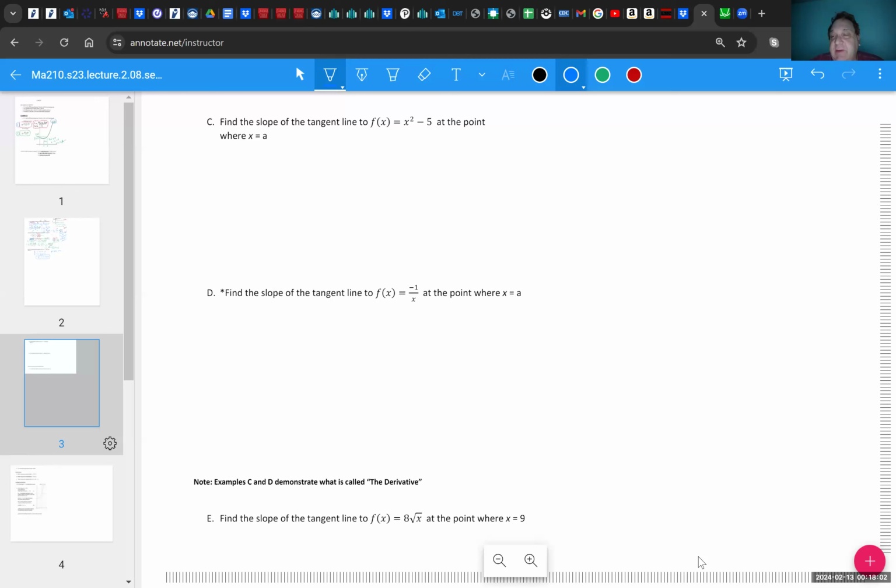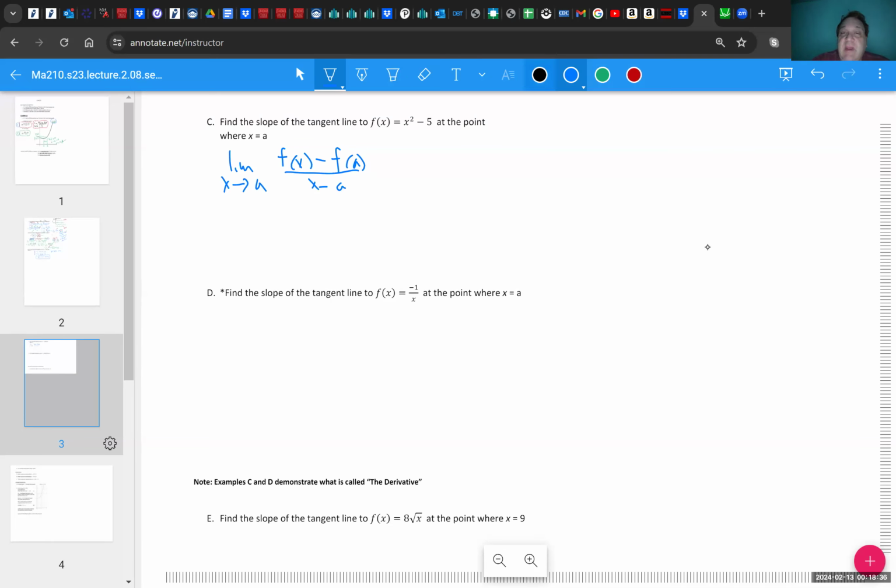So we've made it a little bit more abstract by not using a particular number. But the mathematical steps are going to be identical. Everything we did before, we're going to do the exact same way. So we're going to do the limit as x approaches a of f(x) minus f(a) over x minus a.